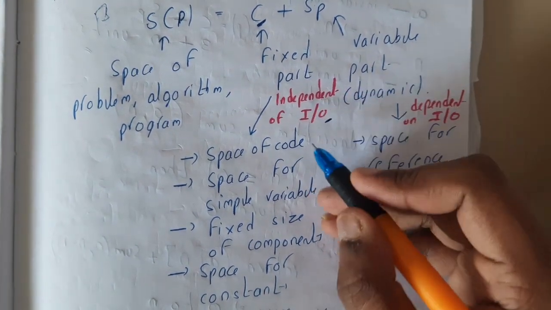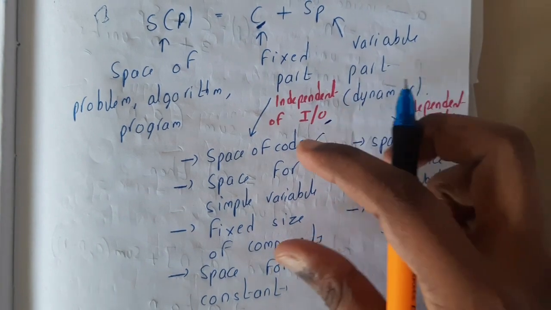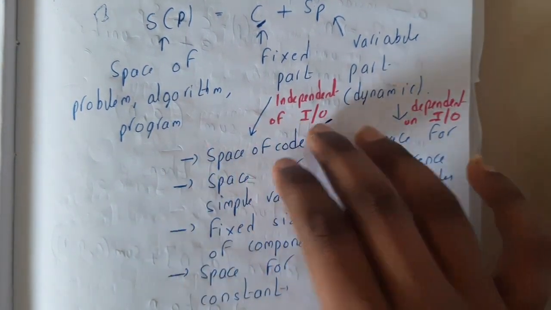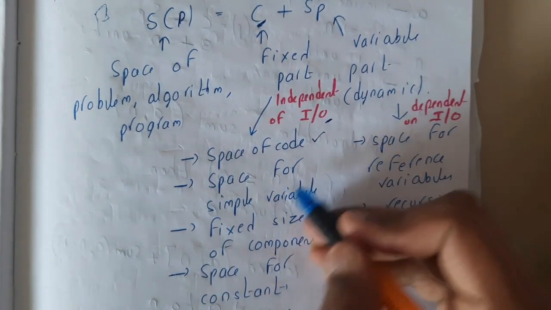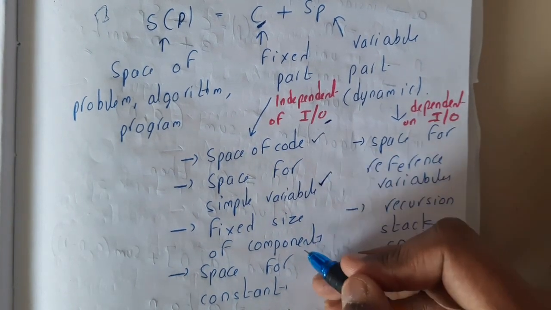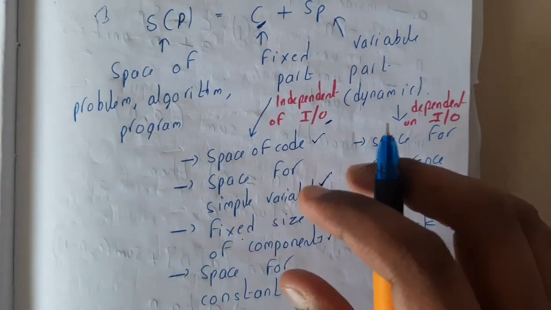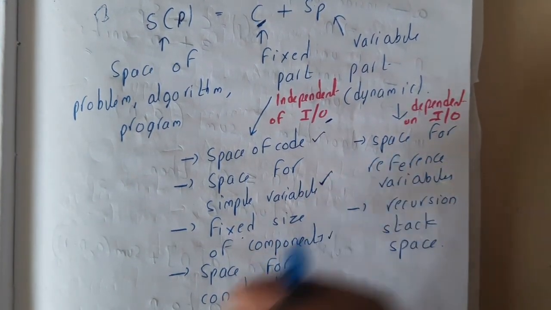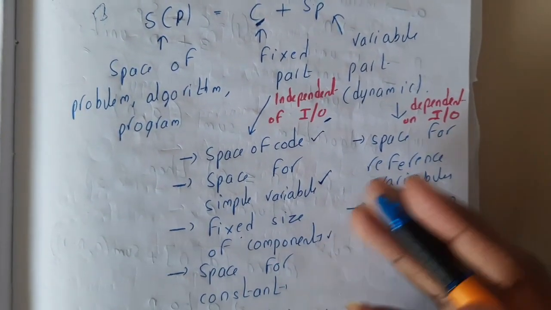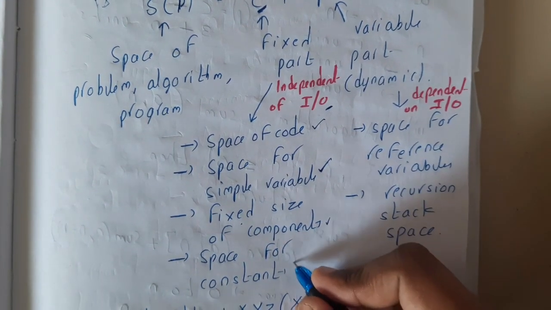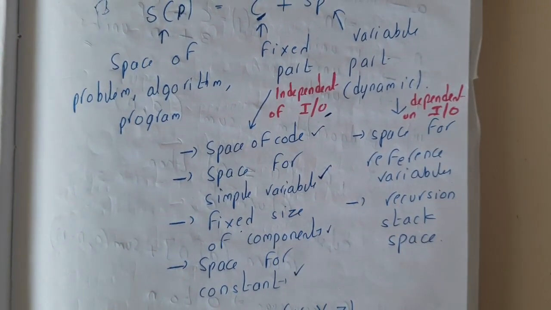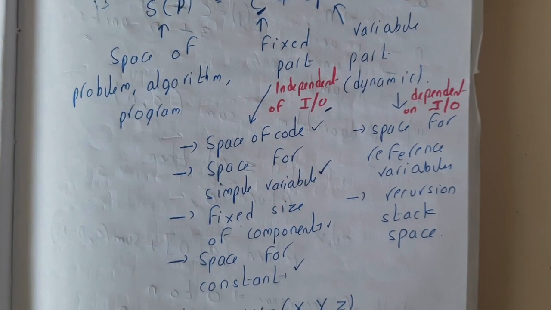This includes the space of code. Even the code which we wrote will occupy some space, and the space of the simple variables which we have defined, fixed size of components. Like, you wrote a class, that class has many objects, so the size will keep on increasing. Also the space of constants.